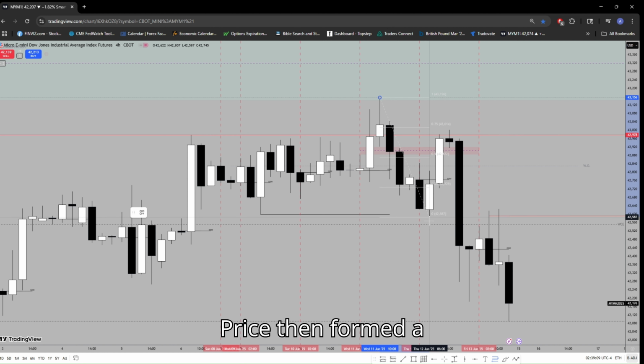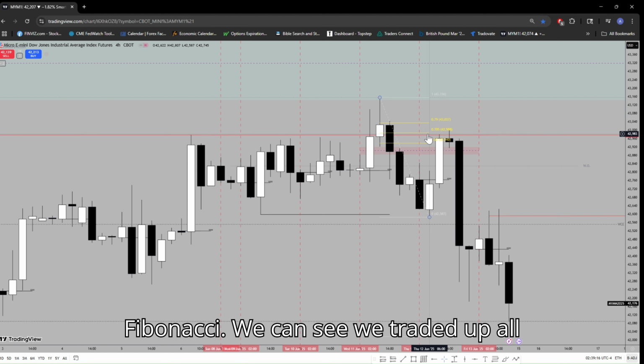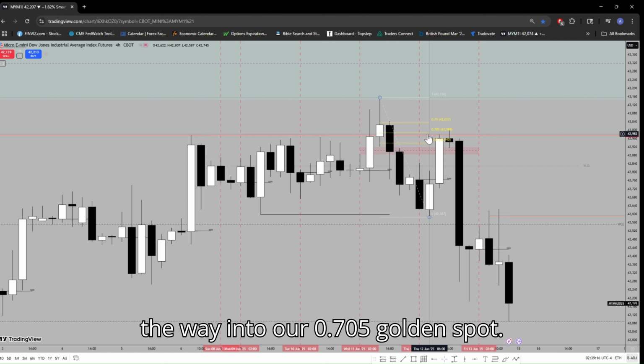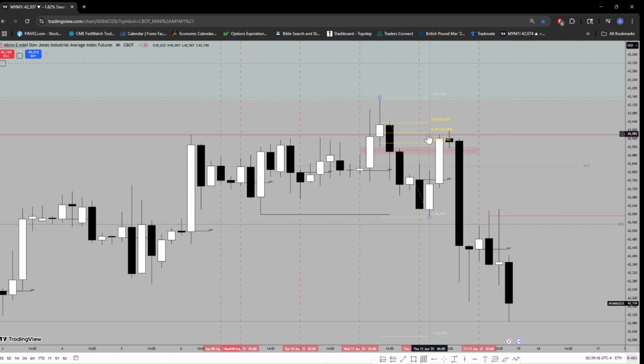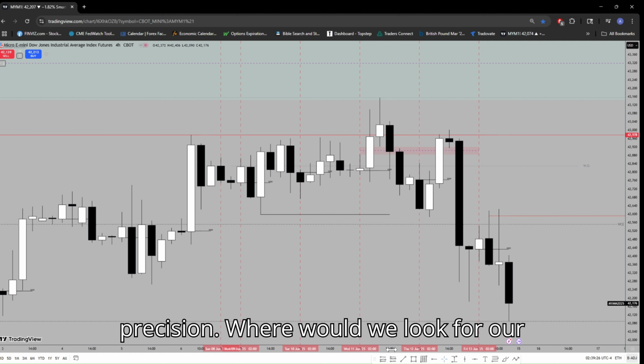Price then formed a retracement. Using our Fibonacci, we can see we traded up all the way into our 0.705 golden spot. That's beautiful. That's precision.